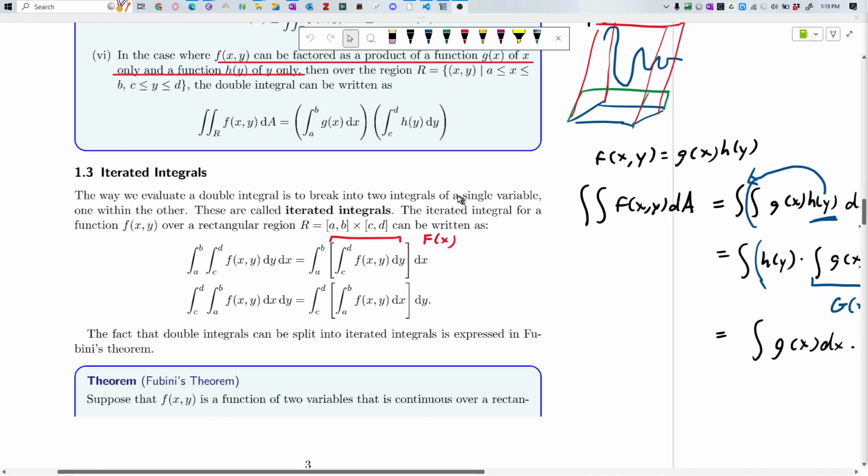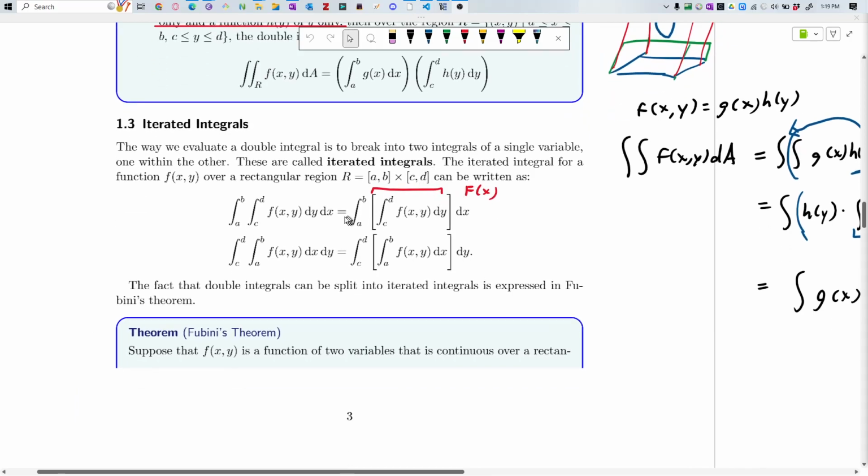Okay, now for iterated integrals. What this is saying is that double integrals like this don't specify what exactly you're supposed to do.